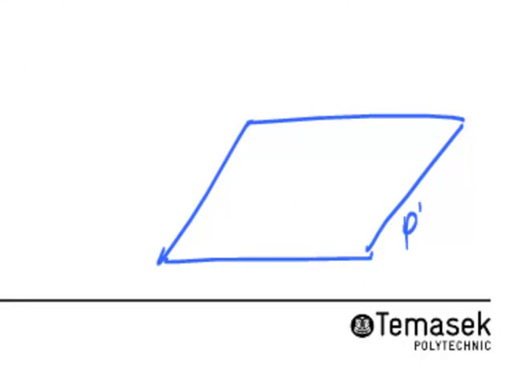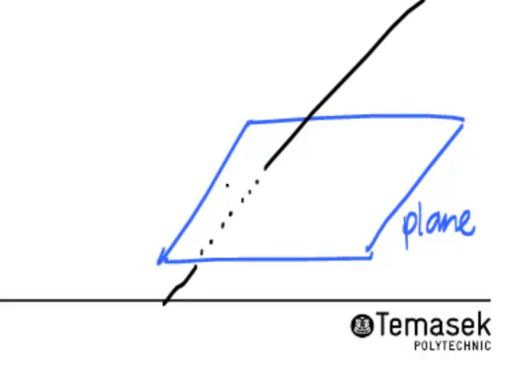Suppose this is the plane and the line cutting through the plane in this way, which in this case, the normal vector of the plane is not perpendicular to the direction vector of the line. The distance will be 0 because the line cuts through the plane.